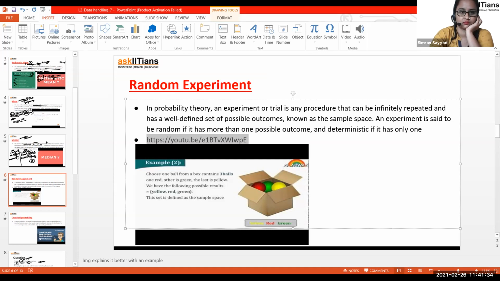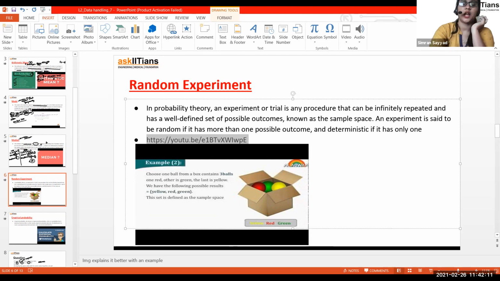For example, tossing a coin once. Possible result is head or tail, which is defined as the sample space of this experiment. Example 2. Choose one ball from a box containing 3 balls. One red, other is green, and the last one is yellow. We have the following possible results: yellow, red, green. This set is defined as the sample space of this experiment.